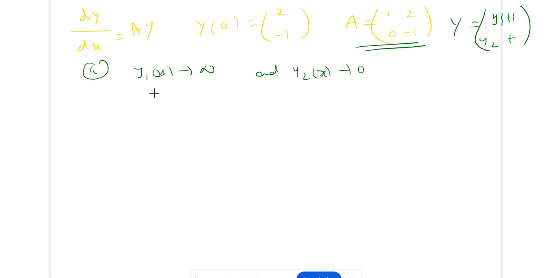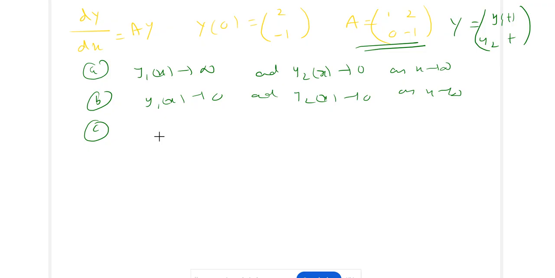So here, option A: y1 of x approaches infinity and y2 of x approaches 0 as x tends to infinity. Option B: y1 of x tends to 0 and y2 of x tends to 0 as x tends to infinity. And option C: y1 of x tends to infinity, and y2 of x tends to minus infinity as x tends to minus infinity.